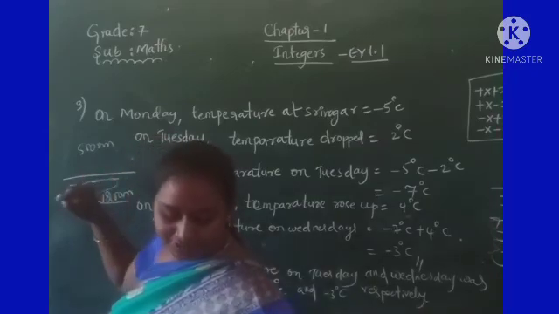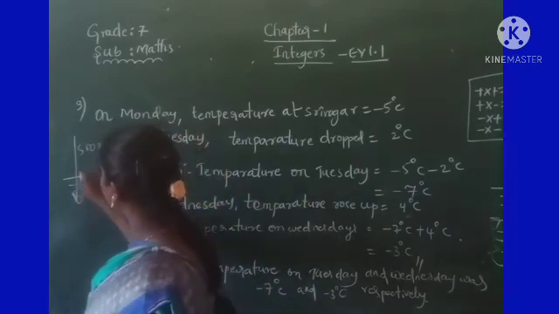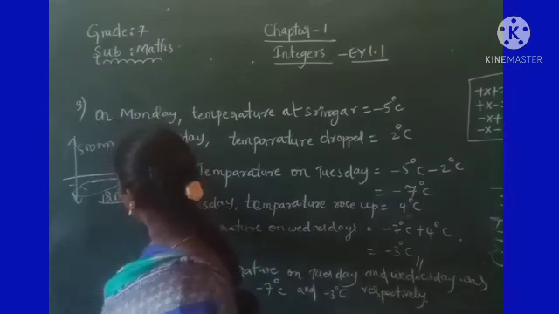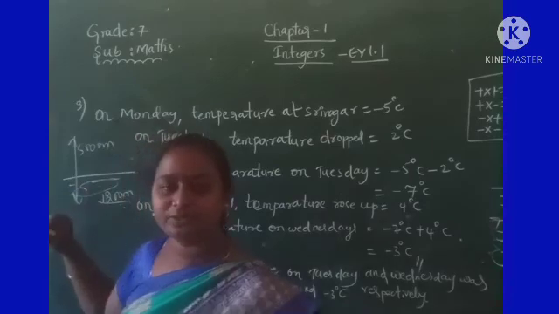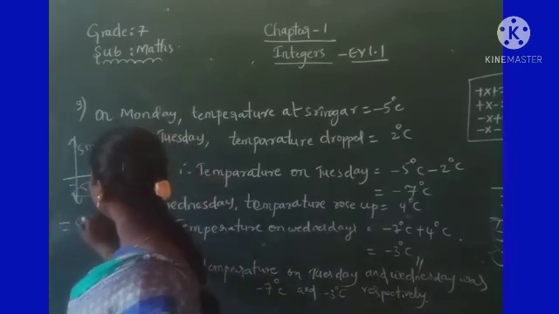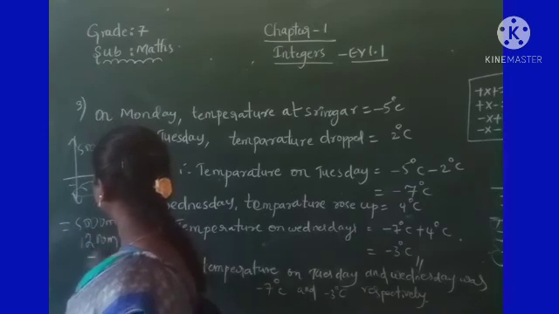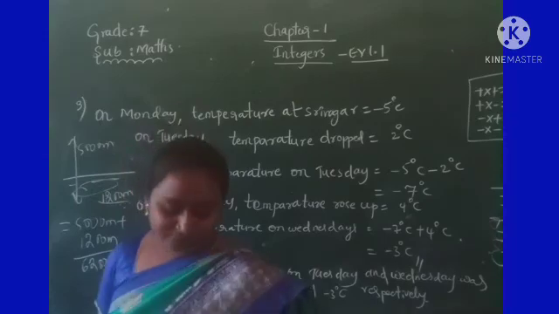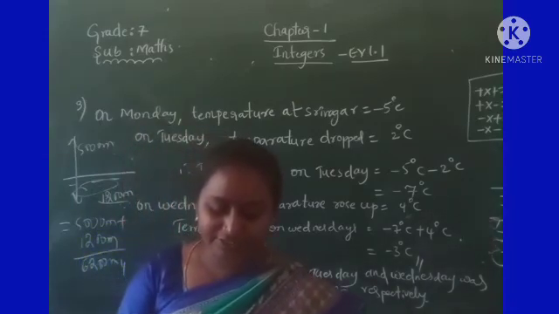Okay, what is the vertical distance between them? What is the distance between the plane and the submarine? That means we have to do the addition. So 5000 meters plus 1200 meters, the total distance is 6,200 meters.